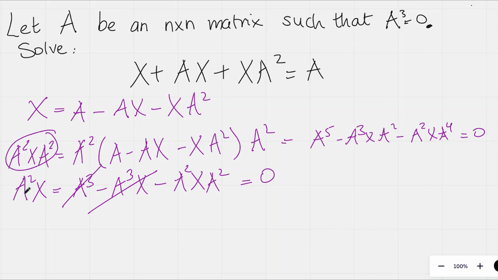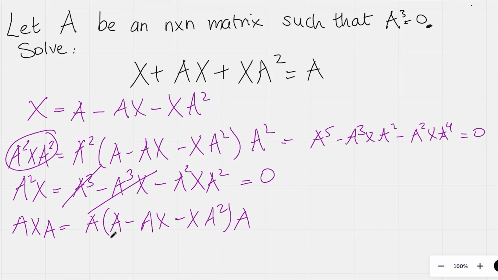So let's now consider, let's say, a times x times a. And again, going from this equation here, so pre and post multiplying by a. So if I just write it out, the first term is just going to be a cubed, so that's going to vanish. And then I'm going to get minus a squared x times a.